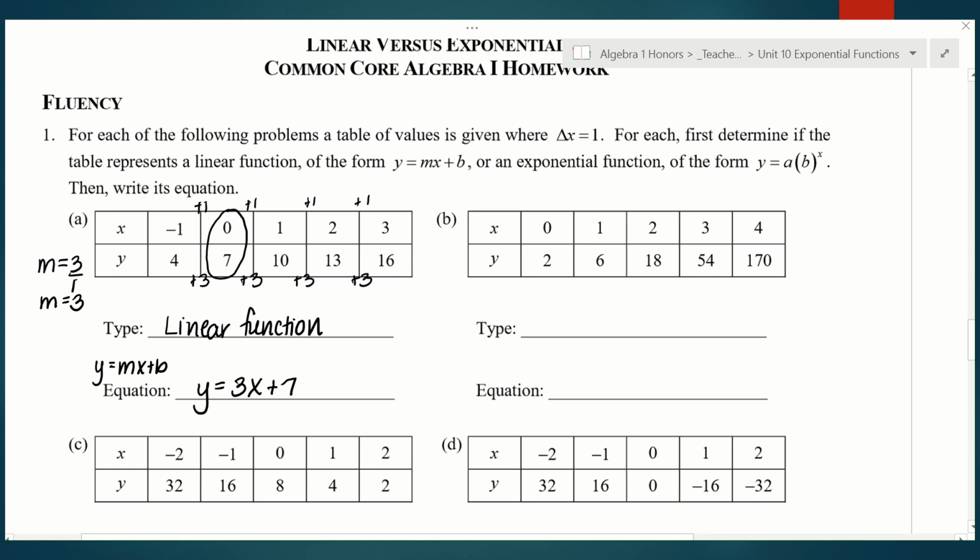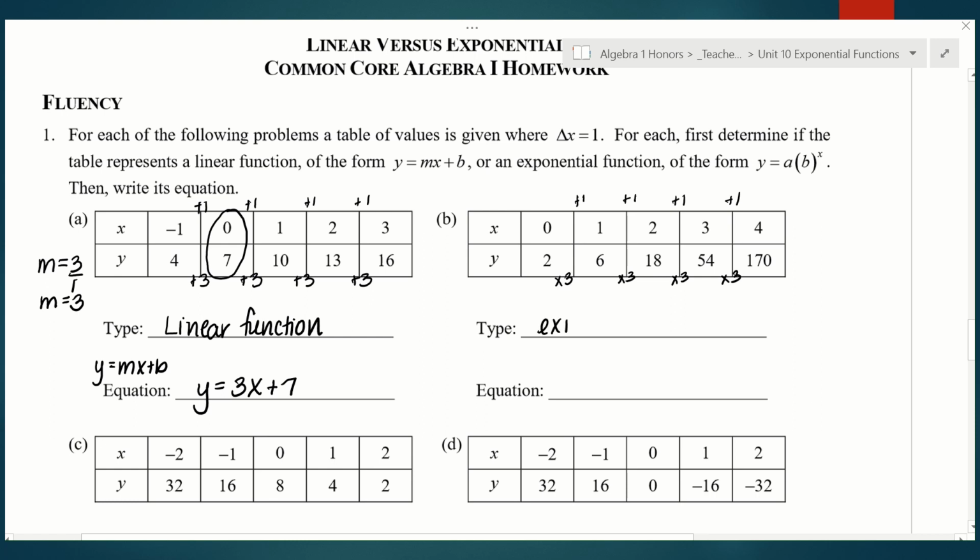Okay, in B, we have the same thing for our x. It's increasing by 1. And for my y, it looks like it's going up by 4 and then up by 12, so it looks like it's not linear. So let's see if I were to multiply. This is times 3, times 3. There we go. So our common ratio is times 3.